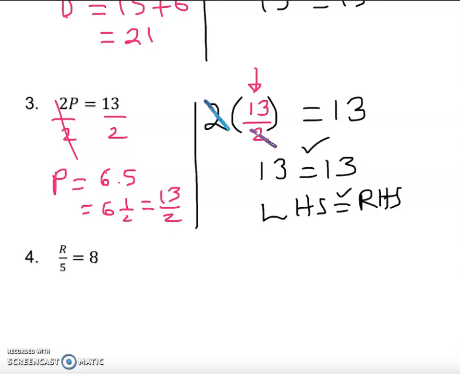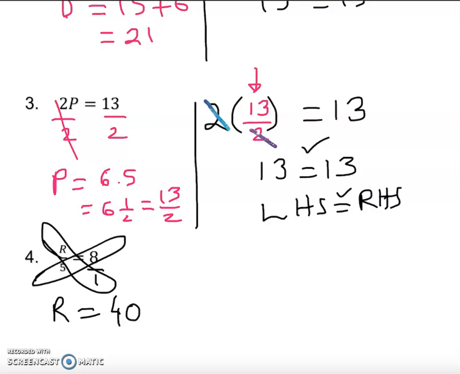Or some of you say, make this a fraction and cross multiply. Absolutely, you can do it that way also. Some people like that way. You can do both ways. So r times 1 is r, and 5 times 8 is 40. Or you can just do the cross multiplication like that, and it gives you 40.